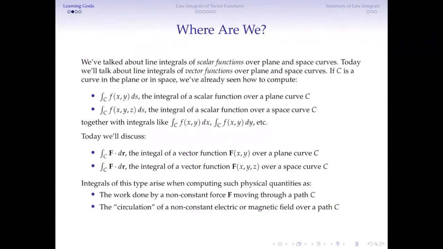So let's take stock of what we've done and where we're going. In the last lecture, we talked about line integrals of scalar functions over plane curves and space curves. Today, we're going to talk about line integrals of vector functions over plane and space curves.